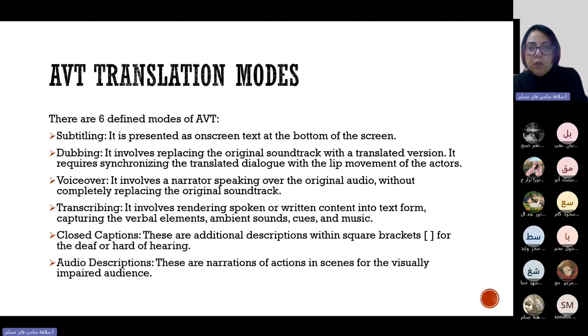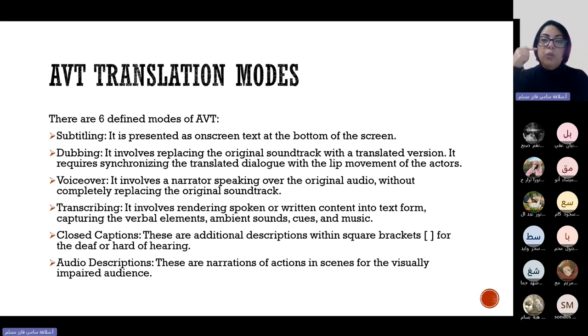The third mode is called voice over. How is voice over different from dubbing? The difference is that in dubbing, we don't hear the original voice of the speaker and it is replaced by other actors. Okay, in the voice over you still hear the voice of the original actor or person who is speaking, but it is low and your voice is the one we can hear.